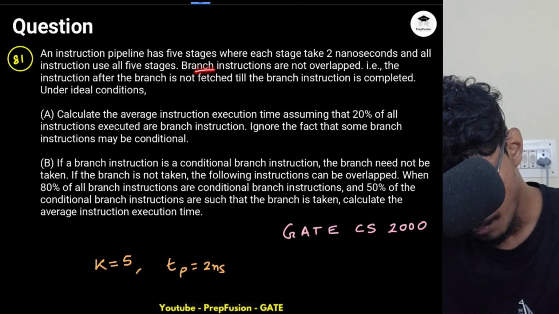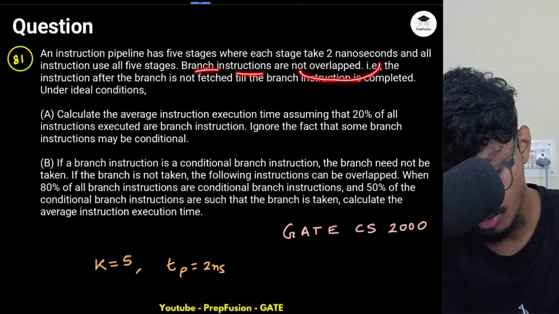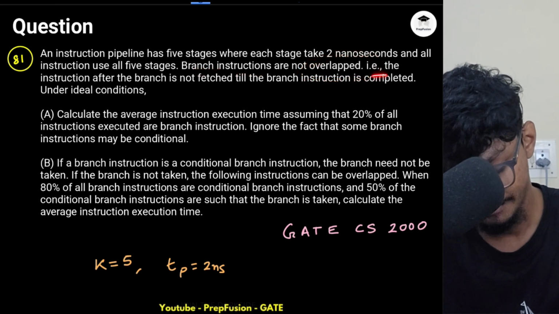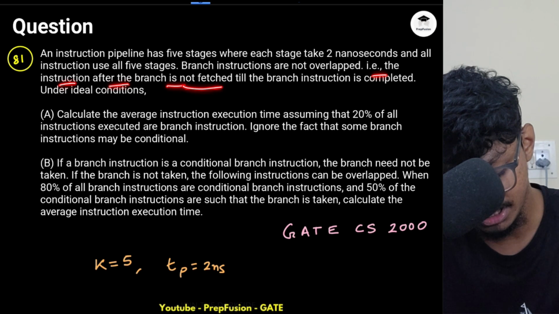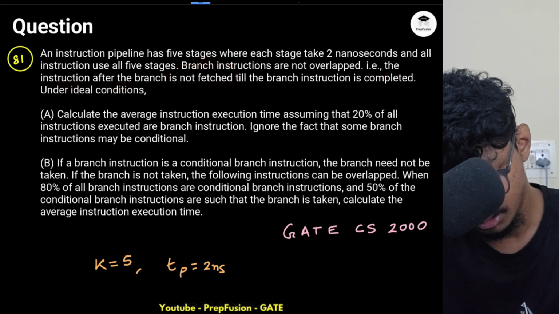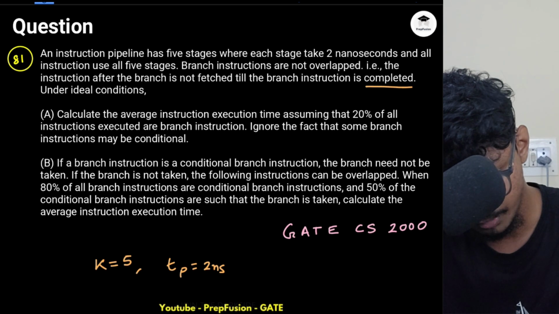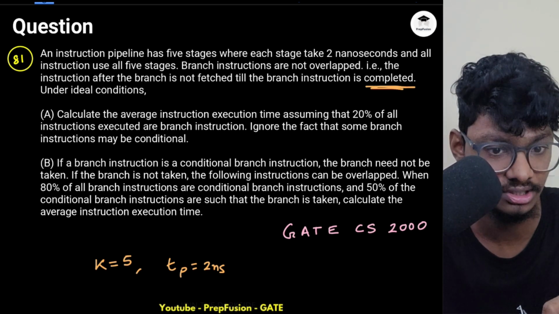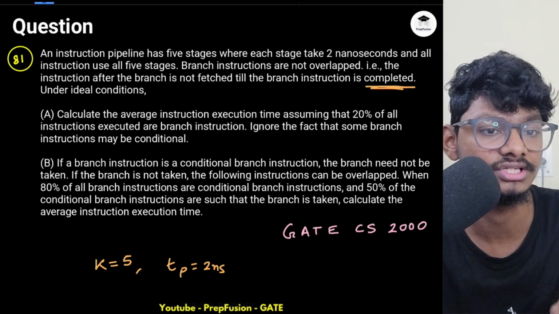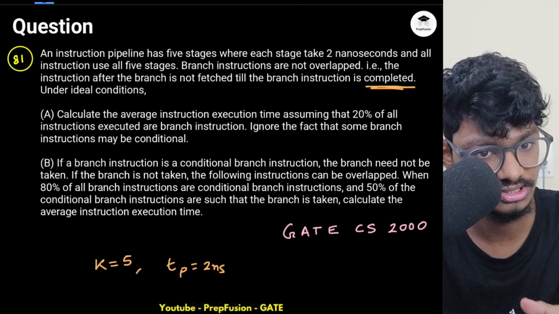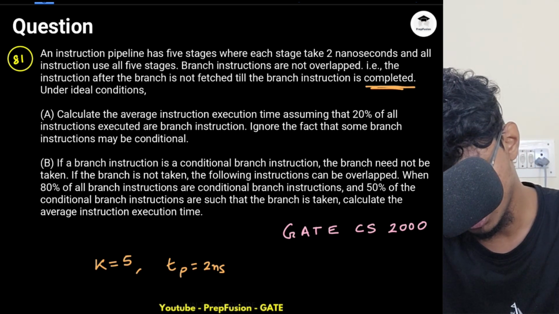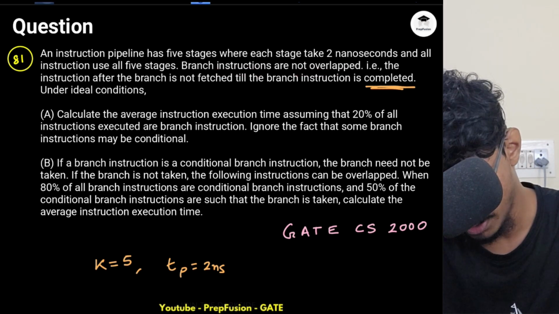What are they saying? Branch instructions are not overlapped. That is, the instruction after the branch is not fetched till the branch instruction is completed. So we have to complete the branch instruction, then only the next instruction will be fetched. Here, what does it mean? Branch instructions are not overlapped.